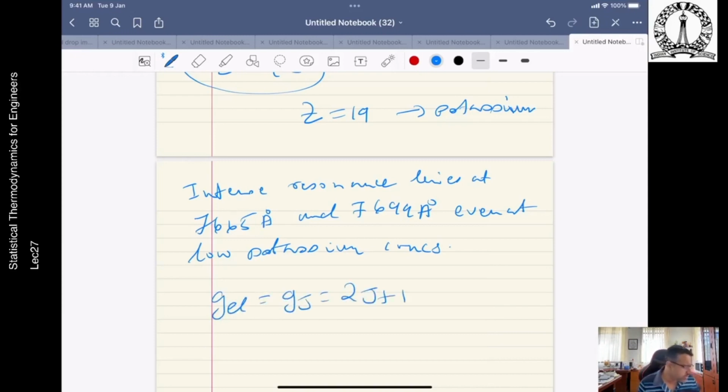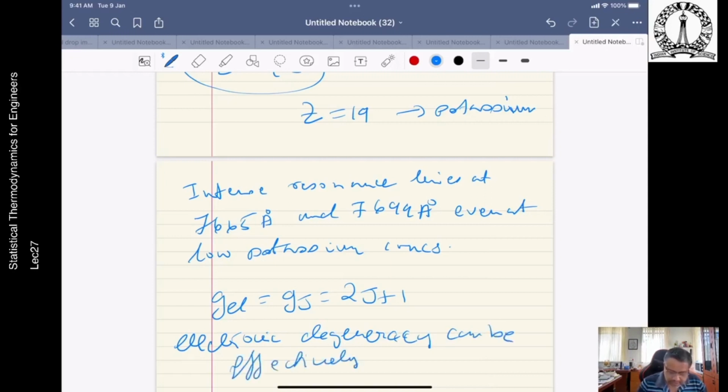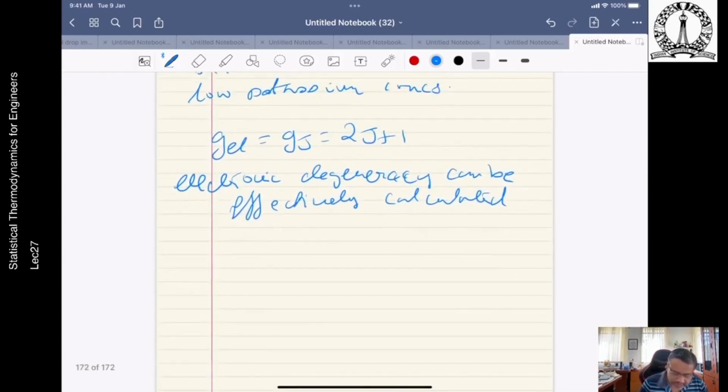So the electronic degeneracy can be effectively calculated from the J values, right?